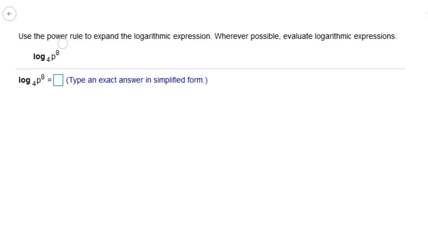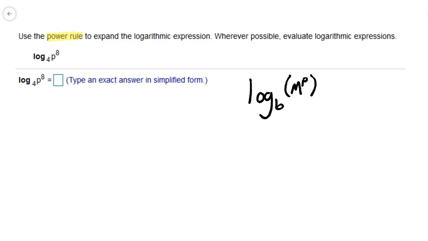This example says use the power rule to expand the logarithmic expression. Whenever possible, evaluate the logarithmic expressions. So let's start off by talking about what the power rule is. The power rule is when you have a log base b, and inside your log you have something raised to a power. Let's say m to the power p.